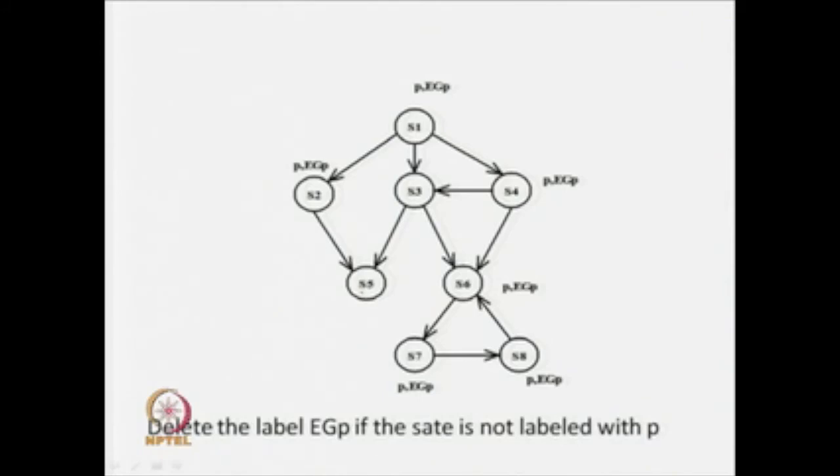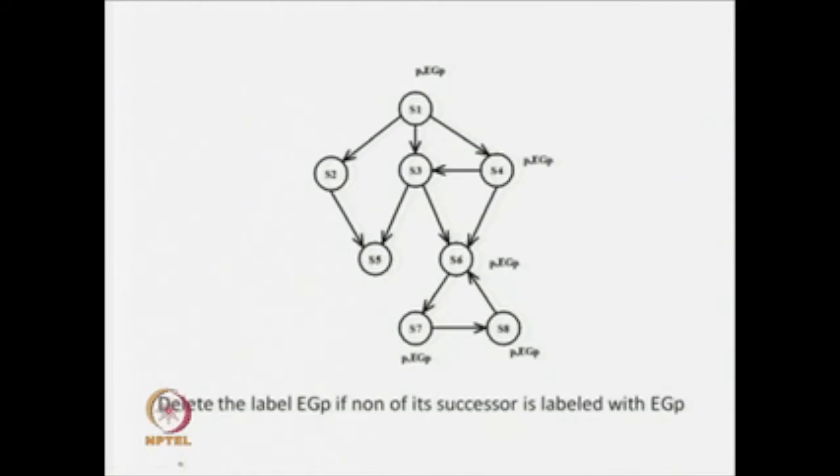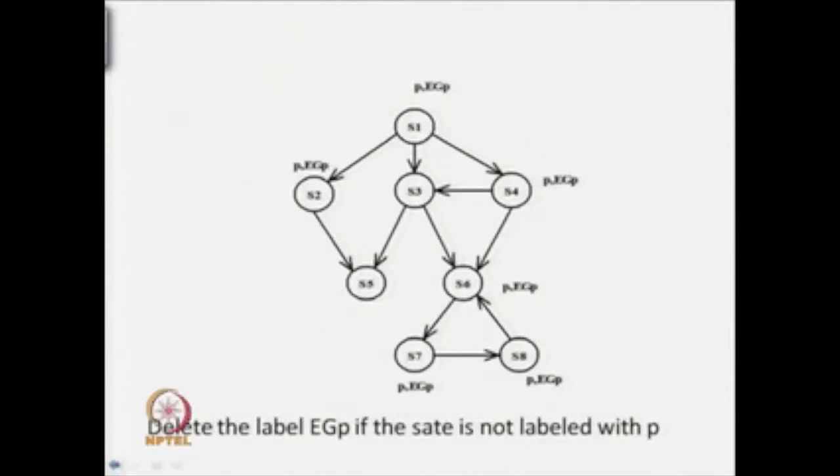Now, what we are going to do next is remove the label E g p from the states where none of its successors is labeled with E g p. In this case, I have already removed the label from S 3 and S 5.